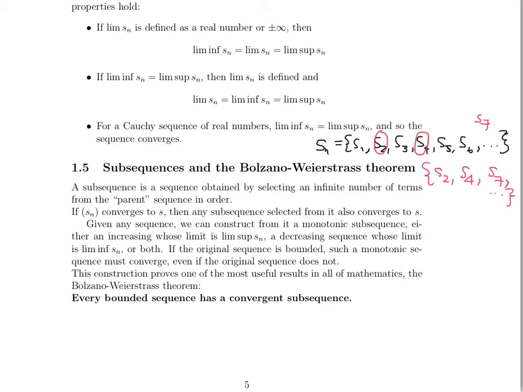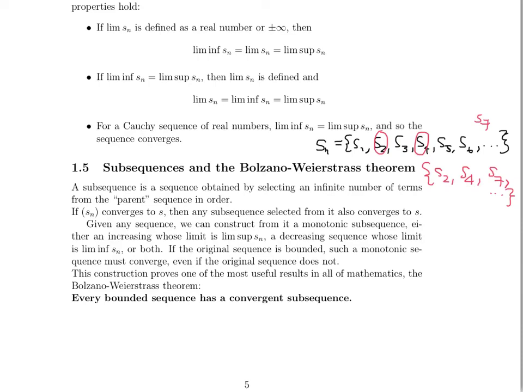So if the parent sequence converges to S, then we know that any subsequence that's selected from it will also converge to S. What's interesting too is that given any sequence, we can construct from it a monotonic subsequence, either an increasing one whose limit is the limit supremum of the parent sequence, or we can construct a decreasing sequence whose limit is the limit infimum of the parent sequence, or both.